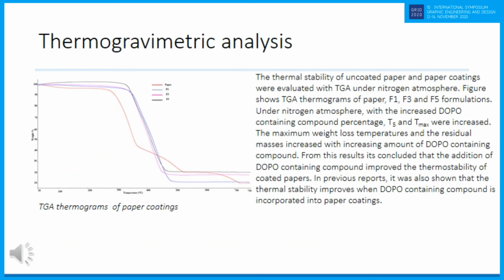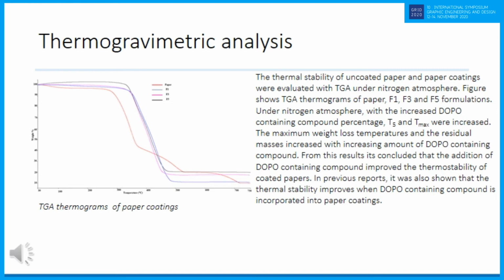The thermal stability of uncoated paper and paper coatings were evaluated with thermogravimetric analysis under nitrogen atmosphere. Thermograms of paper F1, F3 and F5 formulations are shown in this figure.